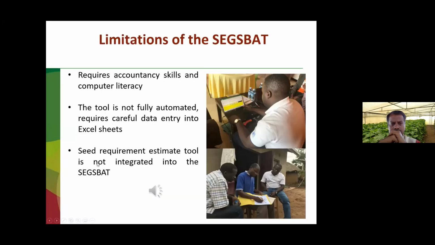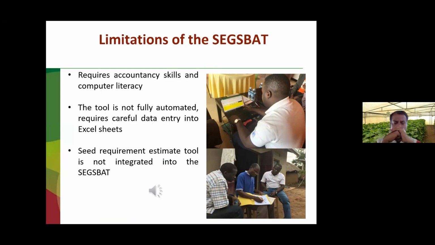Since this tool is the very first attempt to analyze the sweet potato early generation seed performance, it has some limitations. However, these limitations can be rectified in the future.